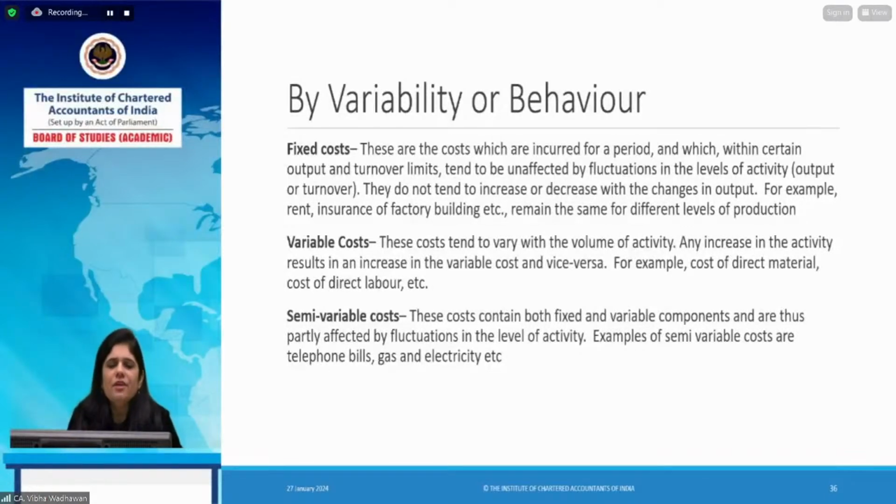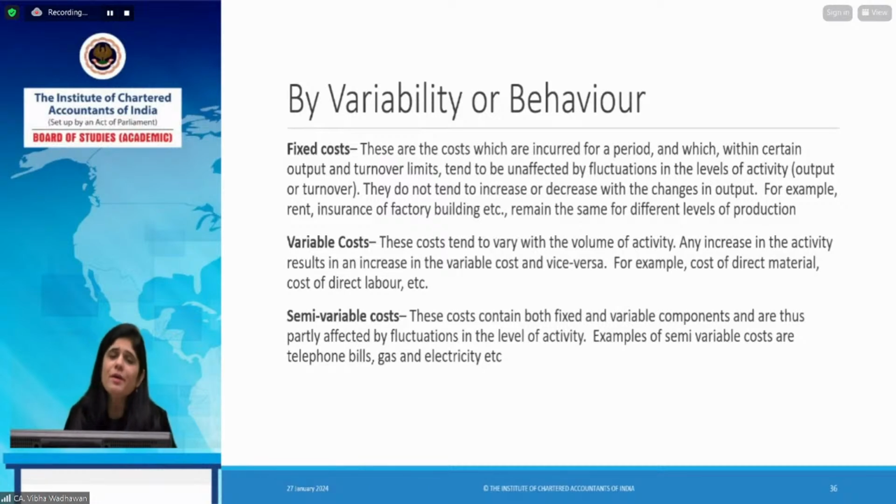Then you have the variability or behavior. Fixed cost, variable cost, semi-variable cost. So fixed cost is which remains constant over a period of time. Salaries of the staff, rent of the factory. These are the fixed costs. So you produce or you don't produce, you have to pay fixed cost. You have to pay interest on bank loan.